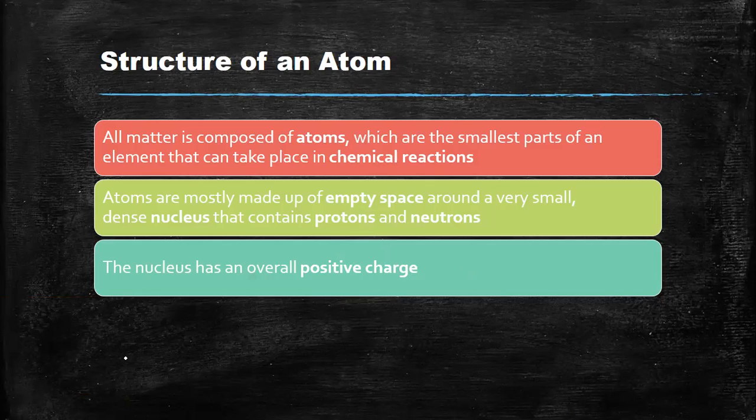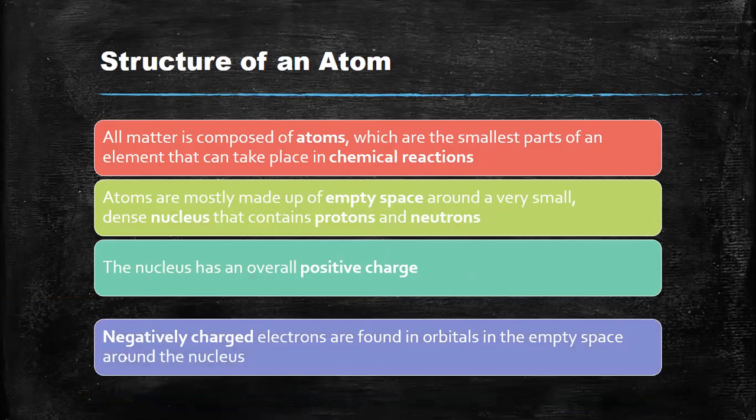Neutrons are neutral as they have no charge, so the total charge in the nucleus is positive. Next, negatively charged electrons are found in the orbitals in the empty spaces around the nucleus. This is the basic concept of the structure of atom.